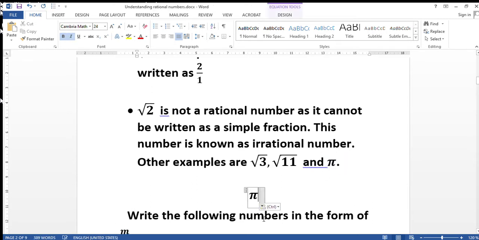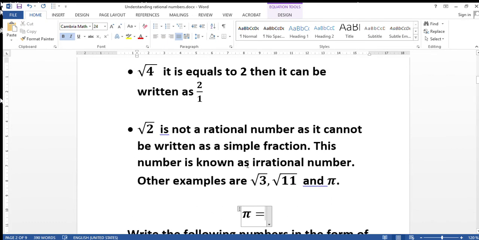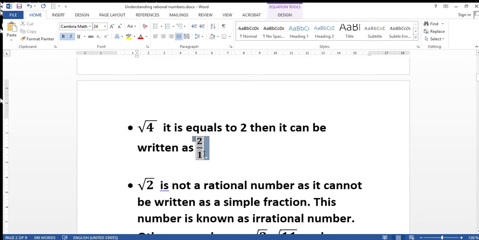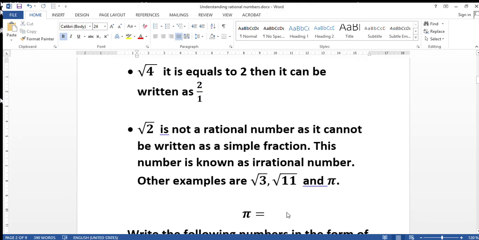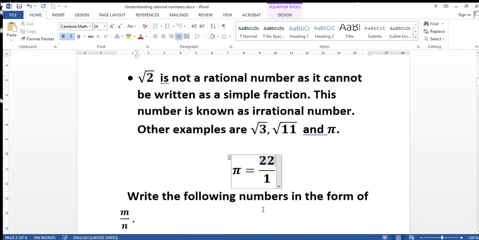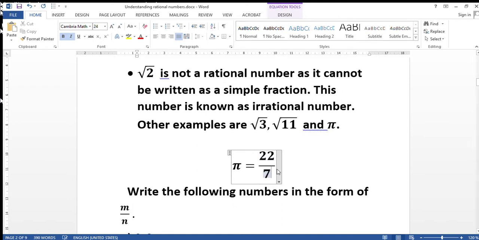We just write it as an approximate value for pi. So I'll just take it right here. That would be 22 over 7. So for any measurement that includes pi, the approximate value we use is 22 over 7. But if you really want to know the value of pi, search it wherever you want.